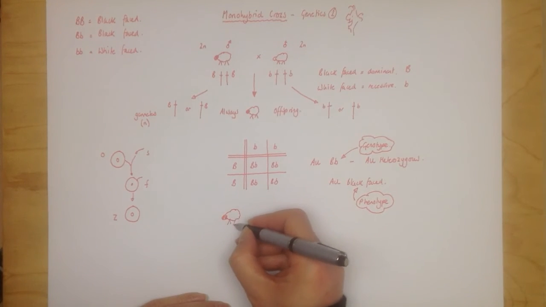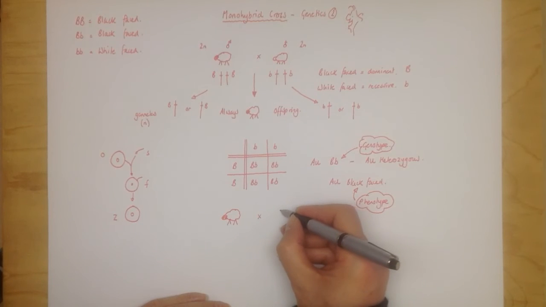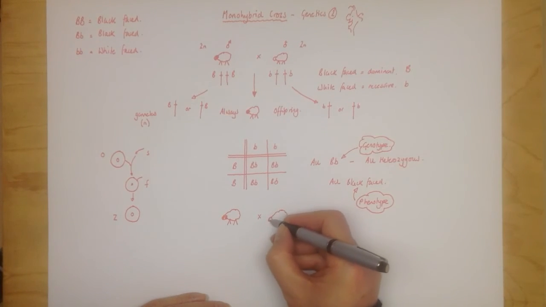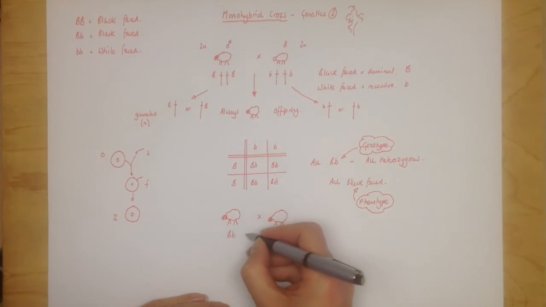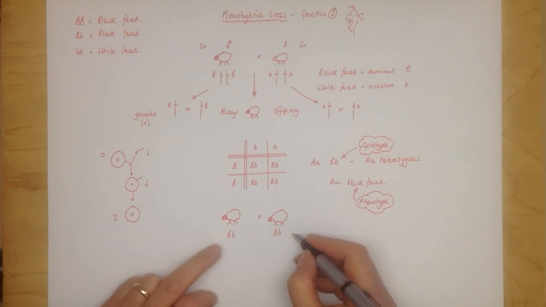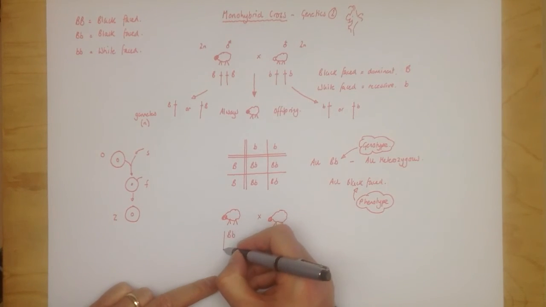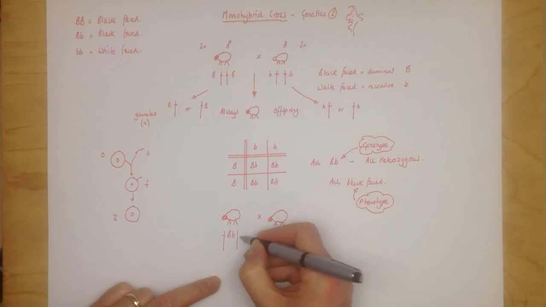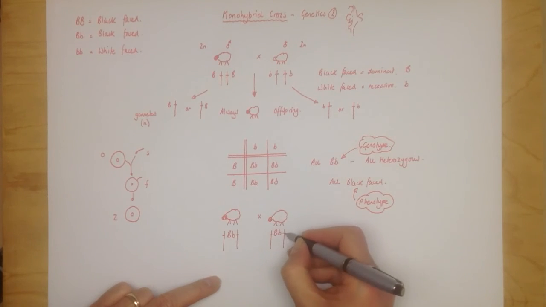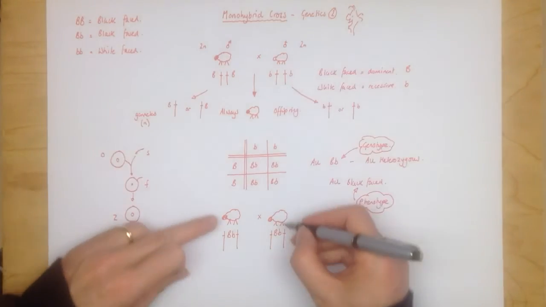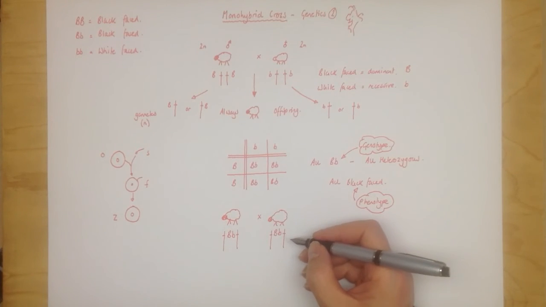That would be black-faced, and because it's heterozygous, that one will be black-faced as well. So this time, it's that combination that you have. These are the chromosomes I'm drawing. Notice the genes are in the same position on the length of the chromosome.